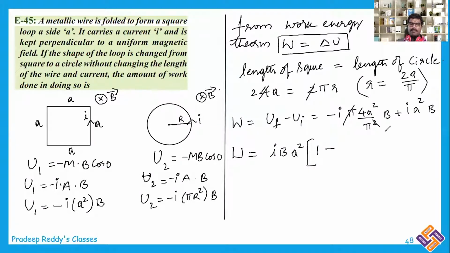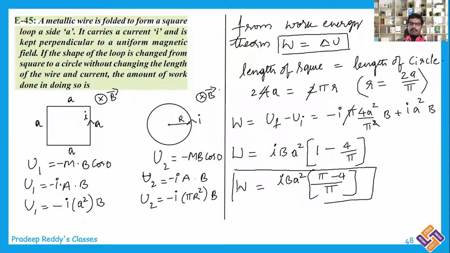This pi and pi get cancelled, and what is left over is only 4 in the numerator divided by pi. So total work done W is equal to I B a square into pi minus 4 divided by pi. This is the net work done in changing the square loop into a circular loop.